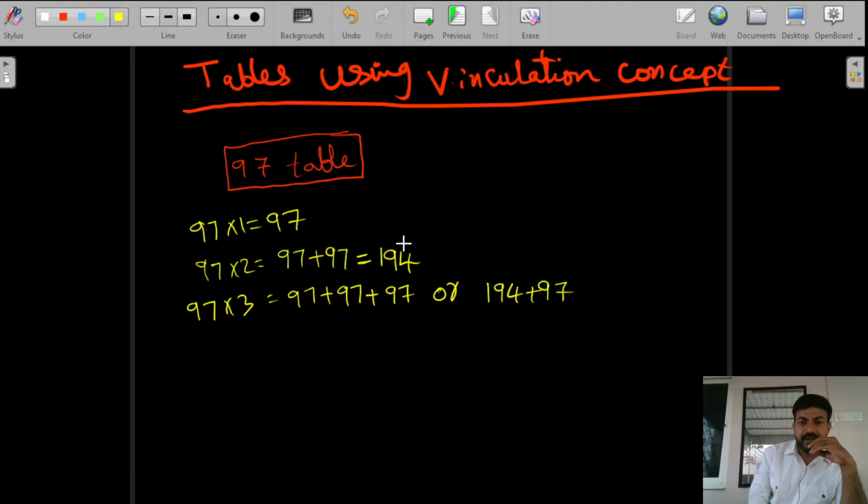We already added two 97s and got 194. If you add 97 again to 194, you will get the answer. Like this you make tables if you don't know the table, right?